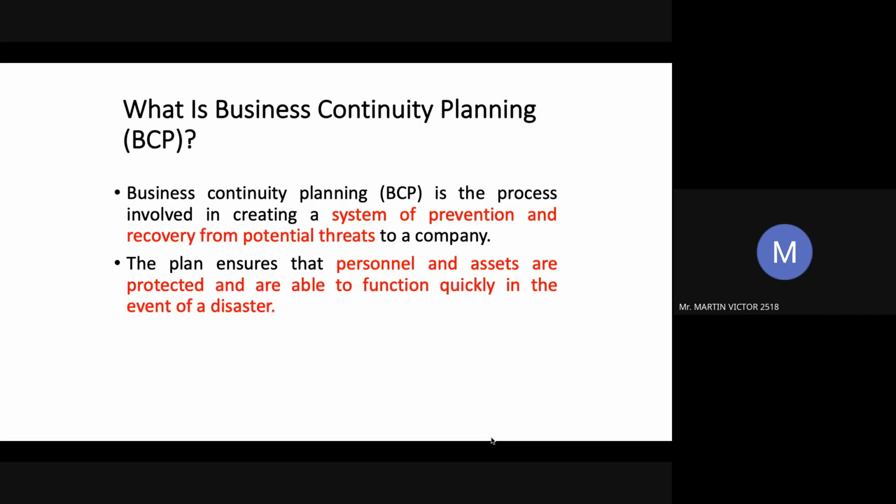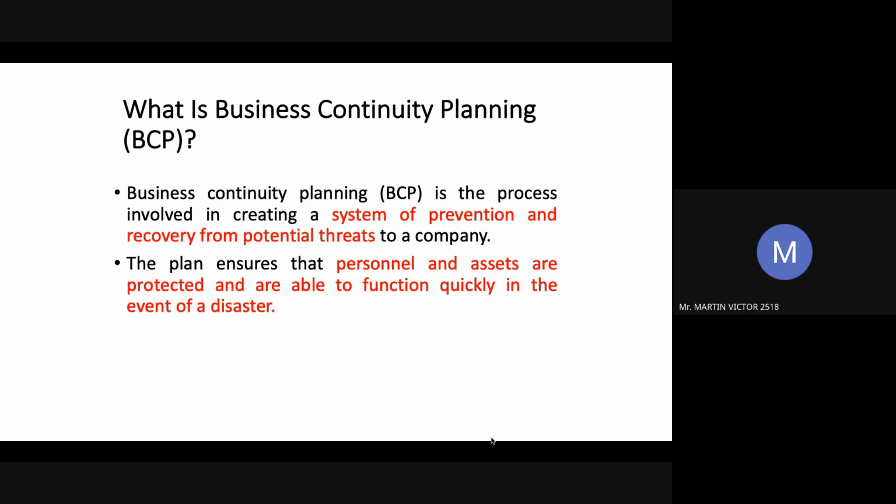For this purpose, this BCP is implemented. As I said, this is a detailed document that should be maintained and understood by the people, so that whenever an organization is going through a disruption, or after the disruption, the business can be continued.